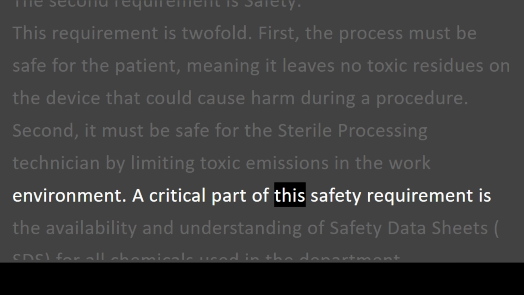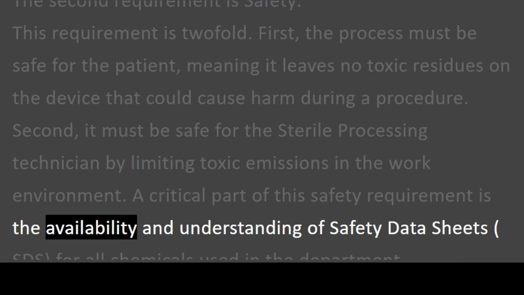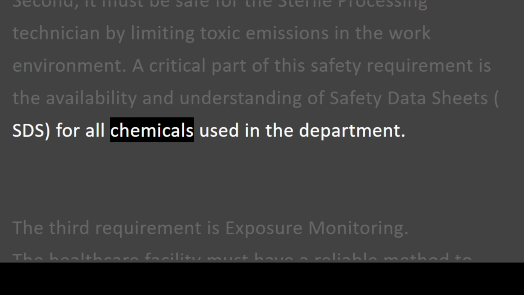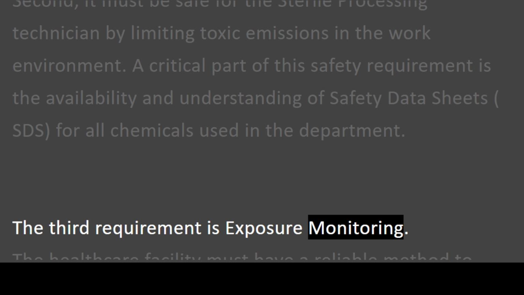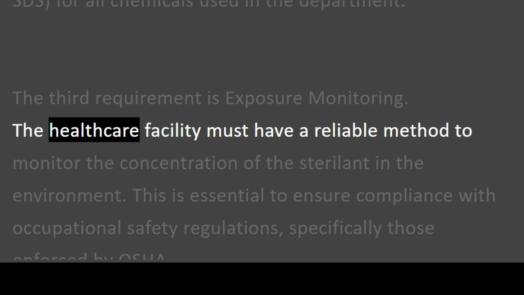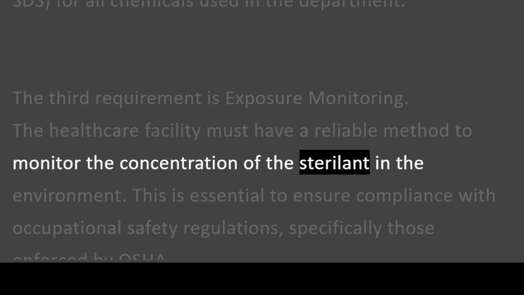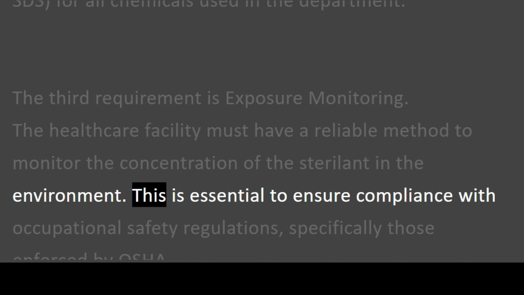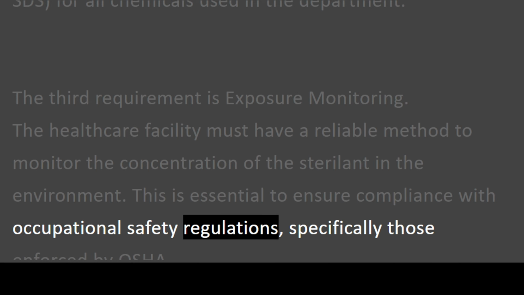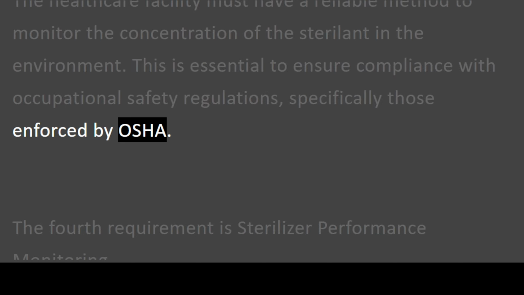A critical part of this safety requirement is the availability and understanding of safety data sheets, SDS, for all chemicals used in the department. The third requirement is exposure monitoring. The healthcare facility must have a reliable method to monitor the concentration of the sterilant in the environment. This is essential to ensure compliance with occupational safety regulations, specifically those enforced by OSHA.